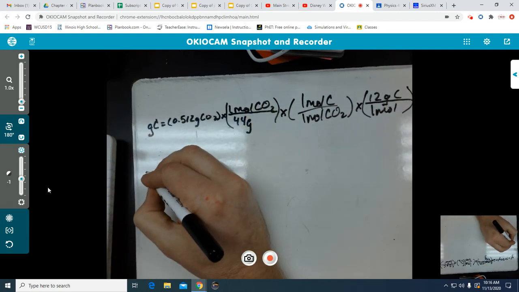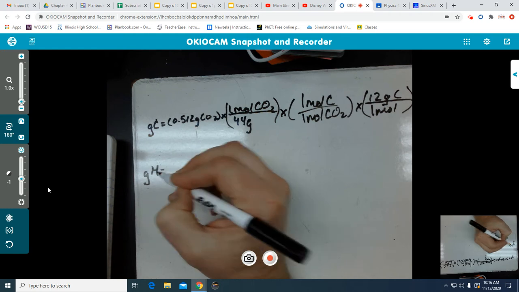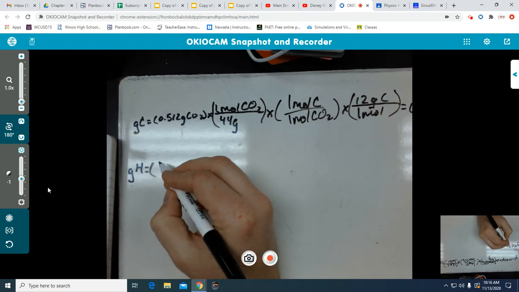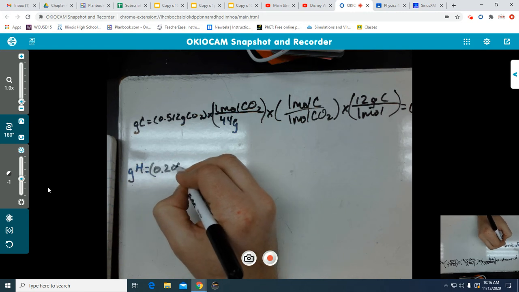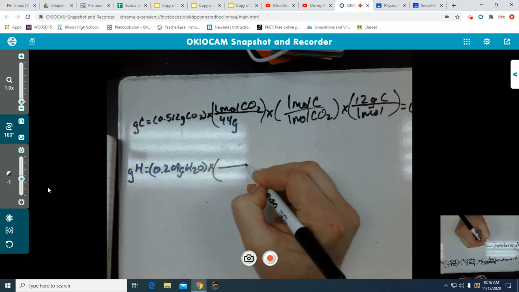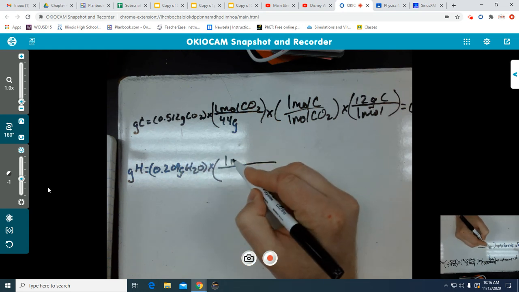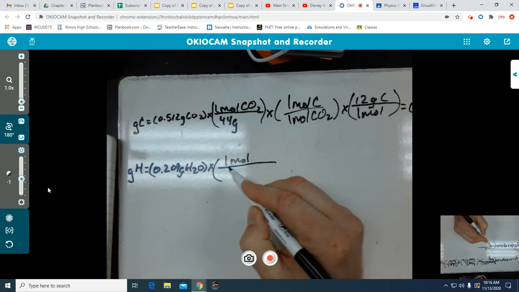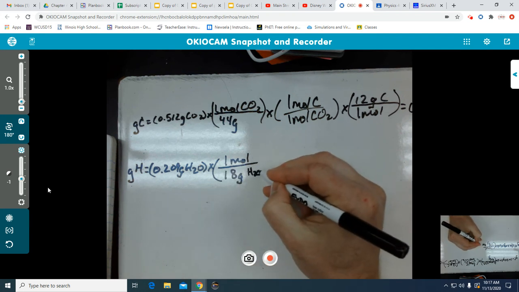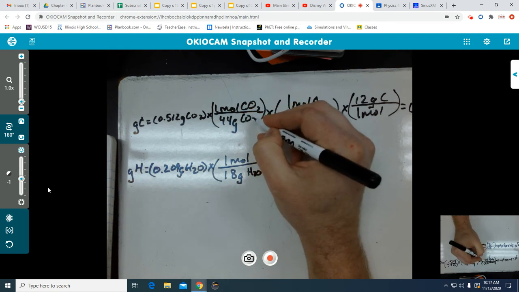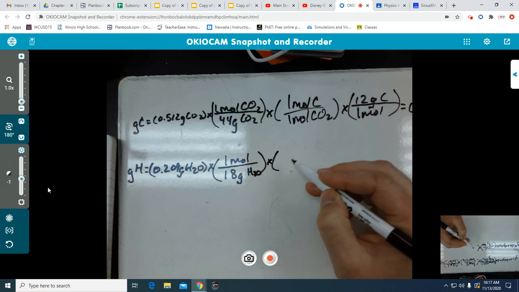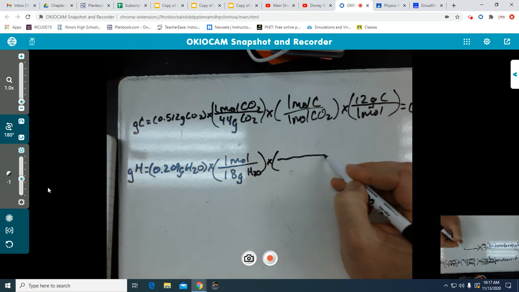Next, I need to calculate the grams of hydrogen, and I follow the same pattern. My given in grams is 0.209 grams of H2O. We then determine the number of moles of H2O, and this is where it all becomes the same: 1 mole over 18 grams of H2O. Then we use the mole ratio of hydrogen to H2O.